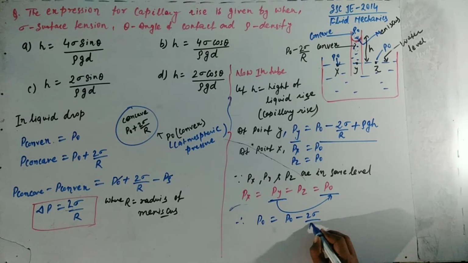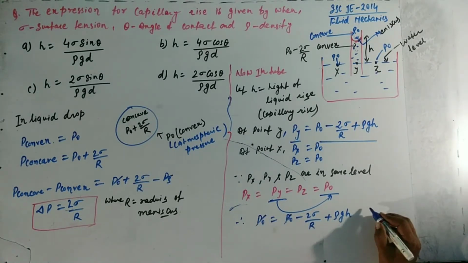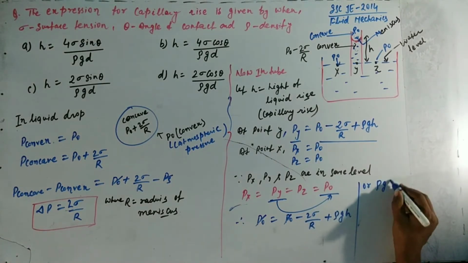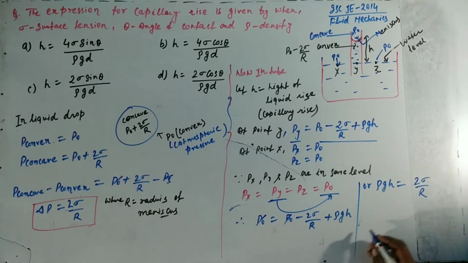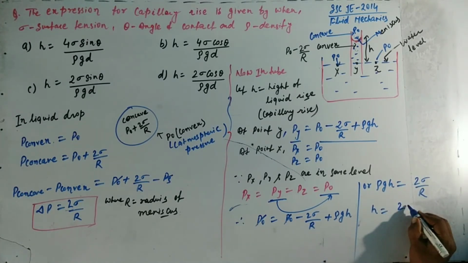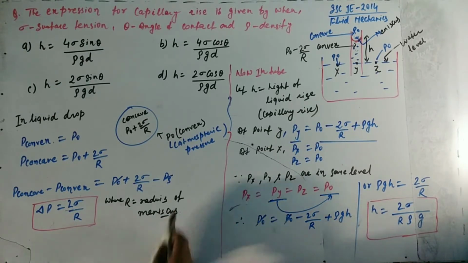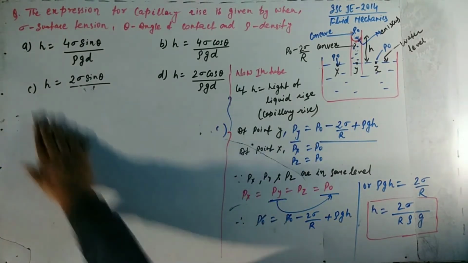Now we equate the equations: P naught equals P naught minus 2 sigma by R plus rho g h. So rho g h equals 2 sigma by R, then h equals 2 sigma by R rho g. So the capillary rise is h equals 2 sigma by R rho g, but here R is the radius of the meniscus.